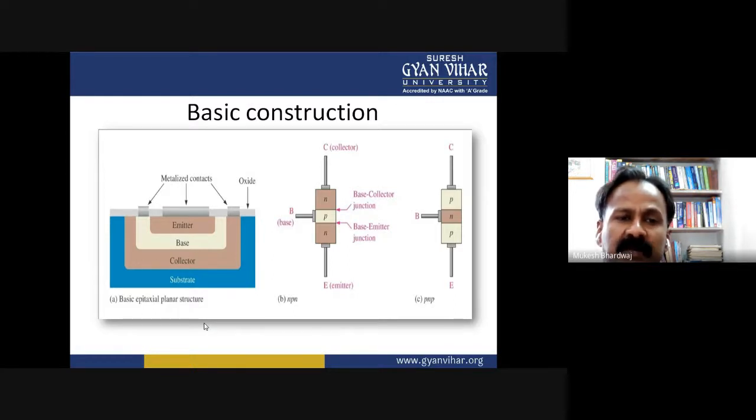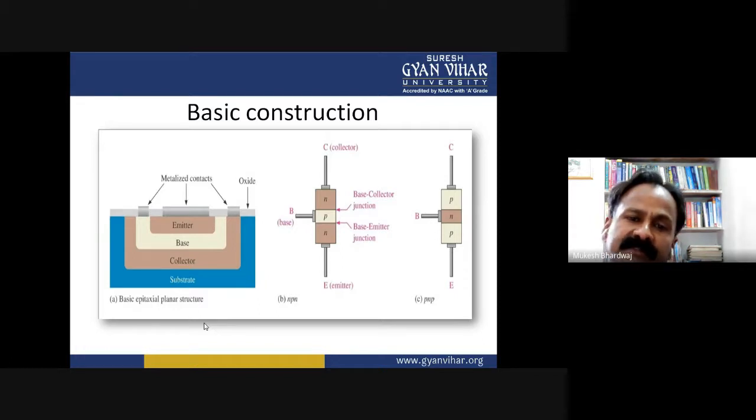We bring out the contacts for collector, base, and emitter separately, and the upper layer is covered by oxide. Metallized contacts are shown, and these are the symbolic representations, NPN type and PNP type.